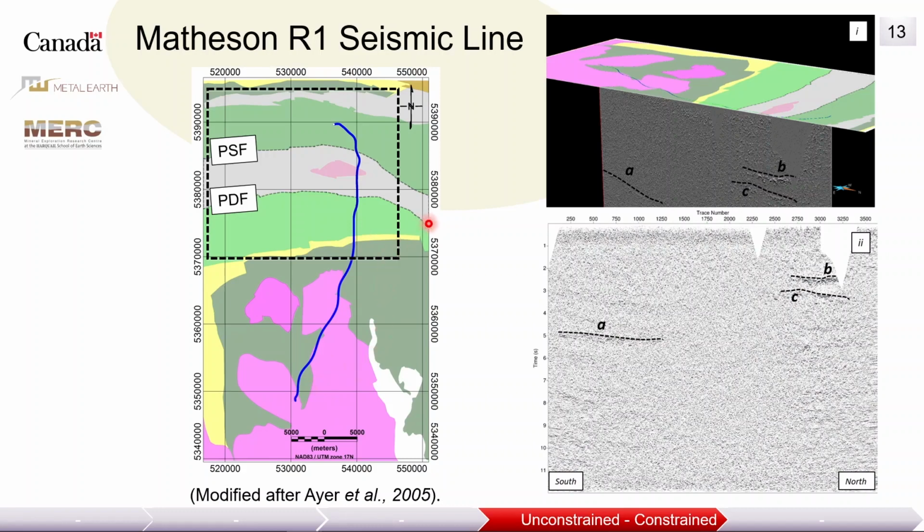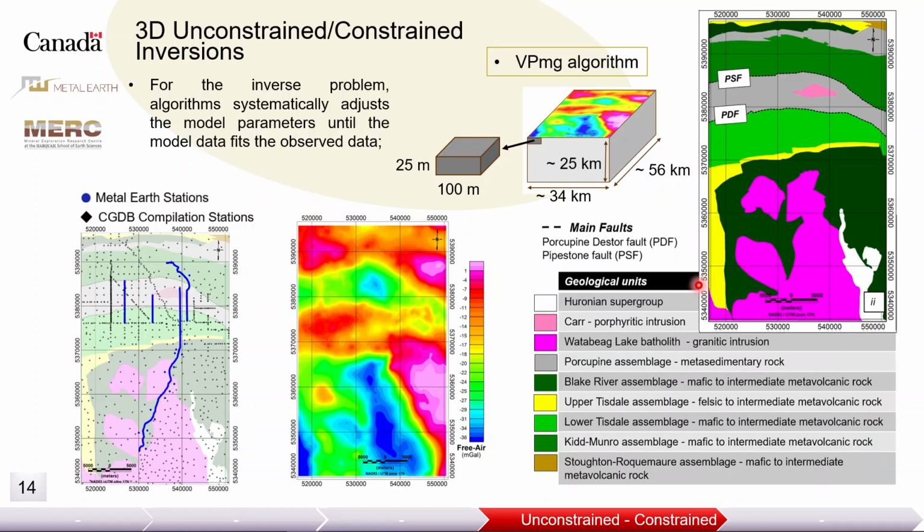When you take a look at the seismic section, we only see some very deep reflectors like A, B, and C. Like Said has mentioned about B, we're going to talk later about this. But we still have to rely on this gravity modeling to understand shallow features. So now we're going to start doing 3D, starting from unconstrained and going towards constrained inversion.